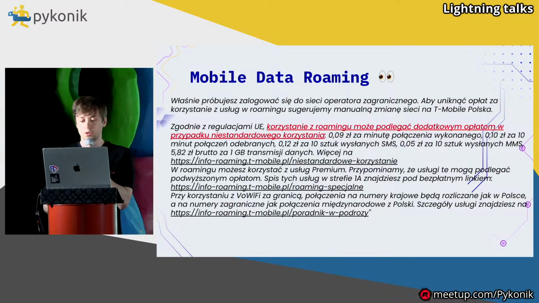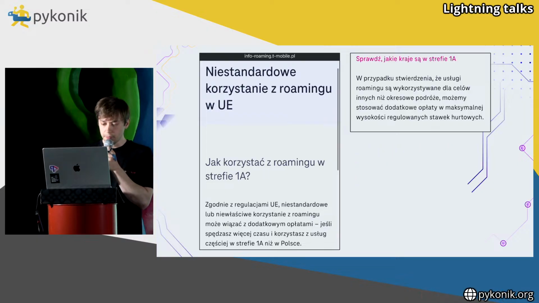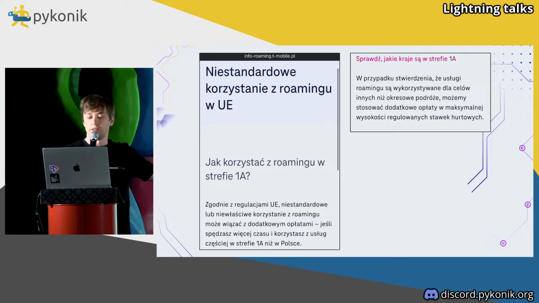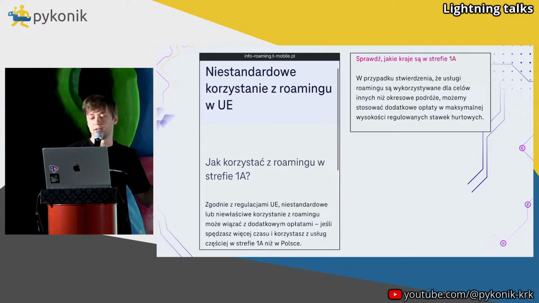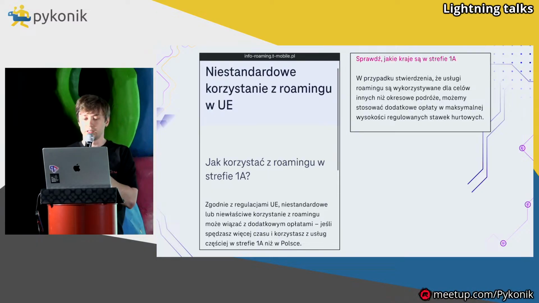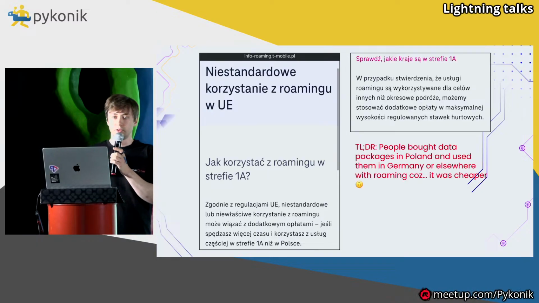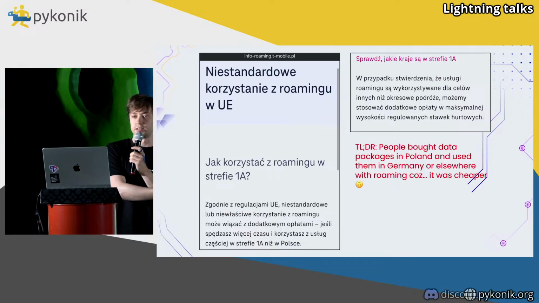Well, if you go to some of those websites they link, they will tell you that according to the EU regulations, a non-standard or incorrect way of using roaming may incur payments. And they don't really explain it further. But the real reason they do it is that you may buy a data packet in Poland, and then go to, I don't know, Germany, where data is much more expensive, and use the roaming packet there.